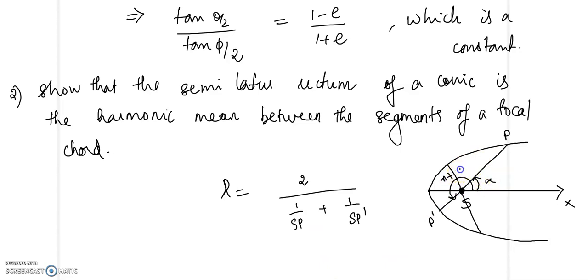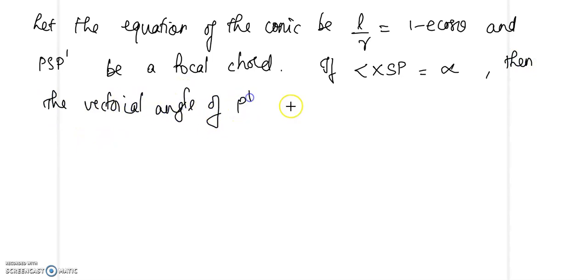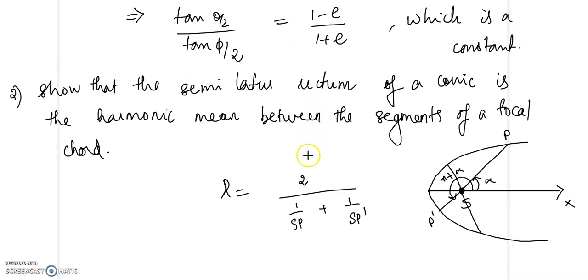So we have alpha and phi plus alpha. So if angle XSP is equal to alpha, then the vectorial angle of P dash is phi plus alpha. If the angle of P is alpha, then moving by angle phi from it we get P dash. So with respect to the initial line, the vectorial angle of P dash will be phi plus alpha.